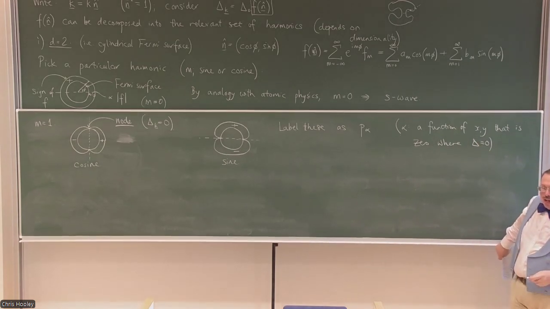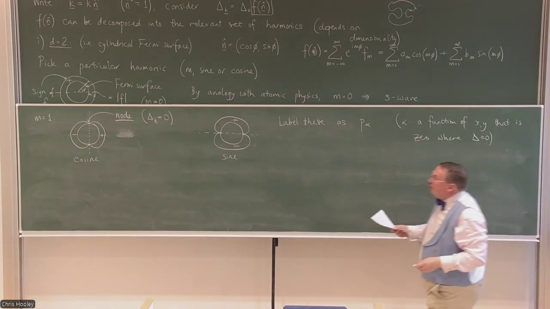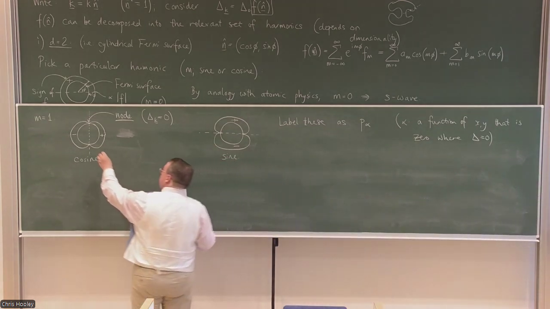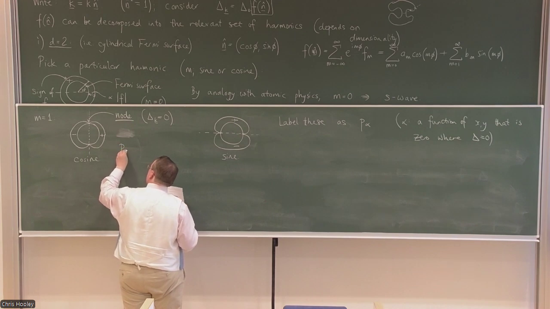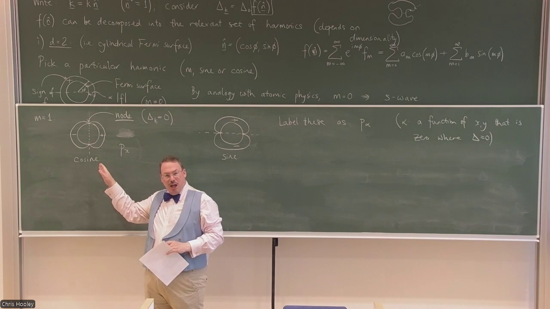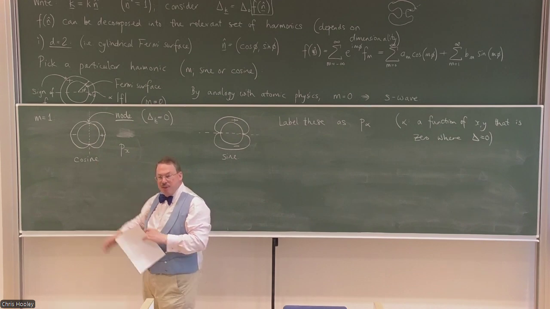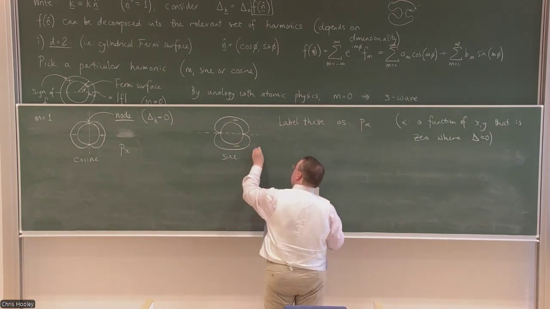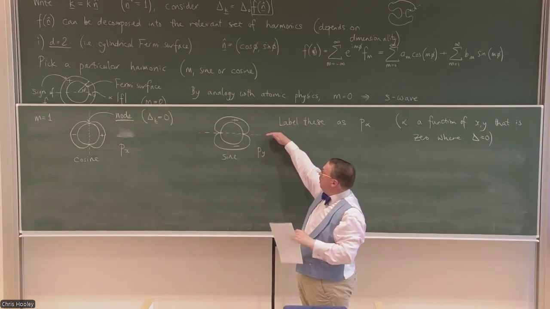So it's a particular way of indicating where the nodes fall. So that labeling convention would tell us that this is Px because the nodes lie where x equals 0. And this is Py because the nodes lie where y equals 0.